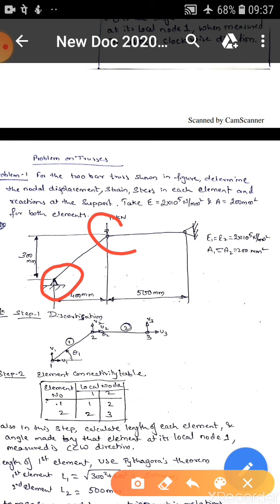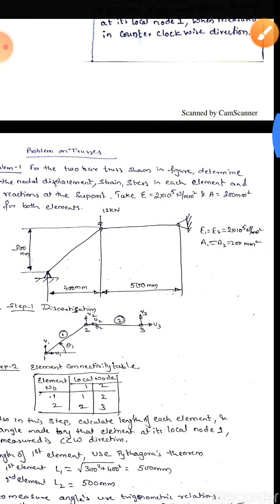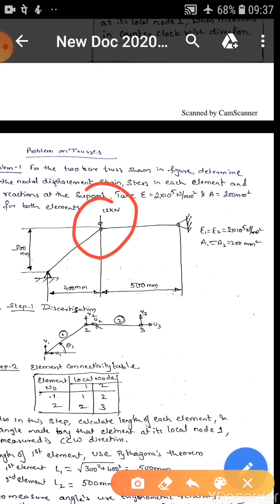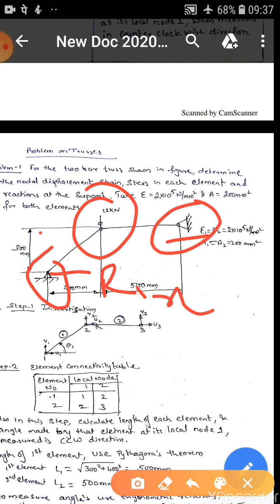Force at node 2 in x direction is 0, whereas in y direction there is a value of 12 kilonewton. This is in the downward direction, so you write minus 12 kilonewton. Force at node 3 in x and y directions is 0. But if you see carefully, node 1 and node 3 are fixed, so reactions are generated. At node 1 there are r1x and r1y.